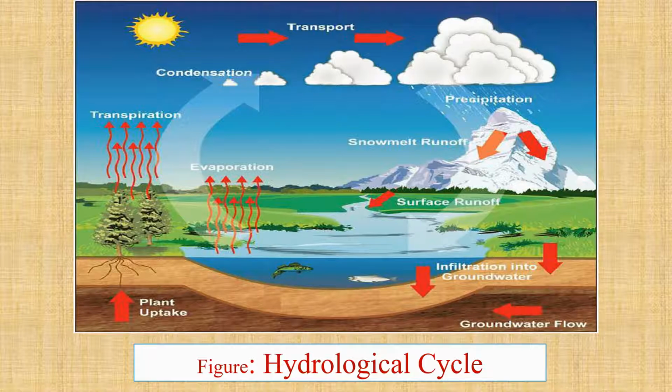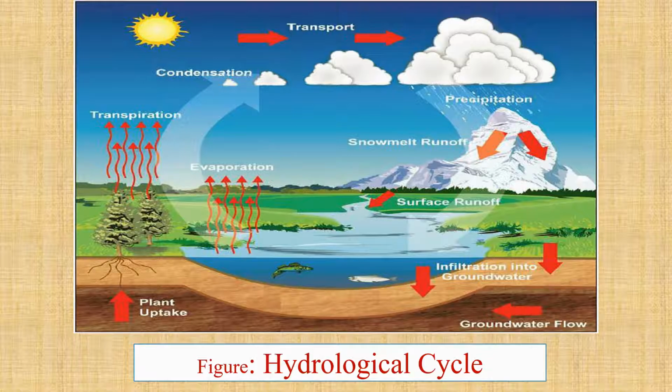Plants use groundwater through roots and grow. This arrow shows the water which is taken by the plants. The plants release some water into the atmosphere through transpiration.